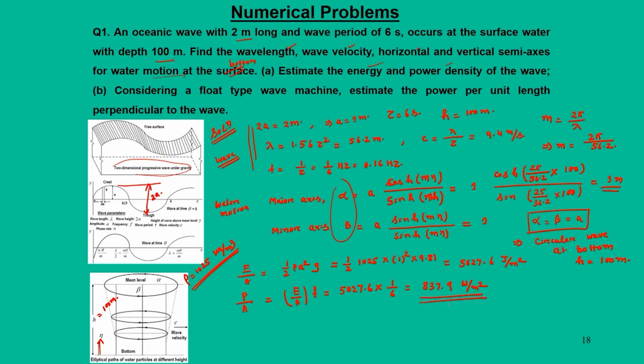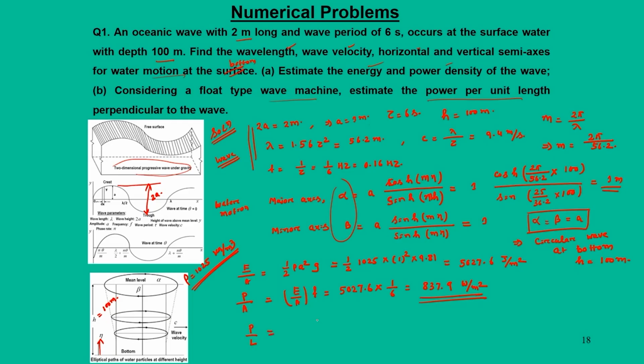This is the power density for that wave, and if you want to harness from this wave using float type wave machines, we need to find the power per unit length perpendicular to the wave.